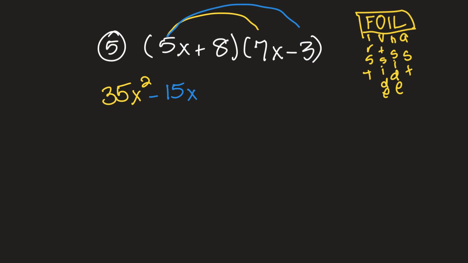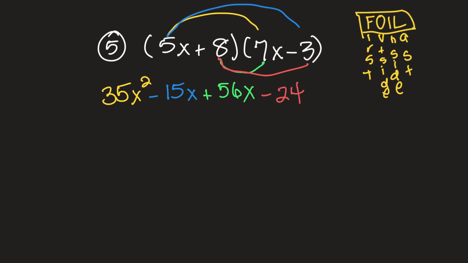All right, next, I'm going to do my inside. So I'm going to have 8 times 7x, and that is plus 56x. And then I'm going to do my last, which is 8 times negative 3, which is a negative 24.